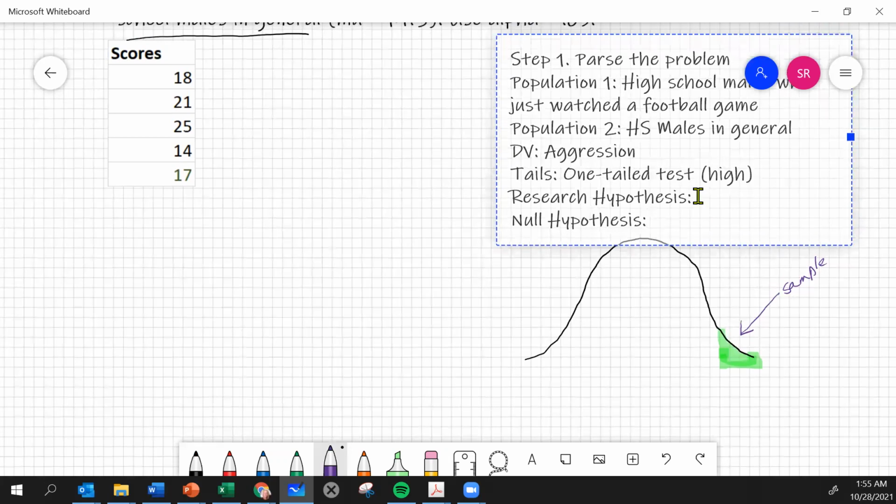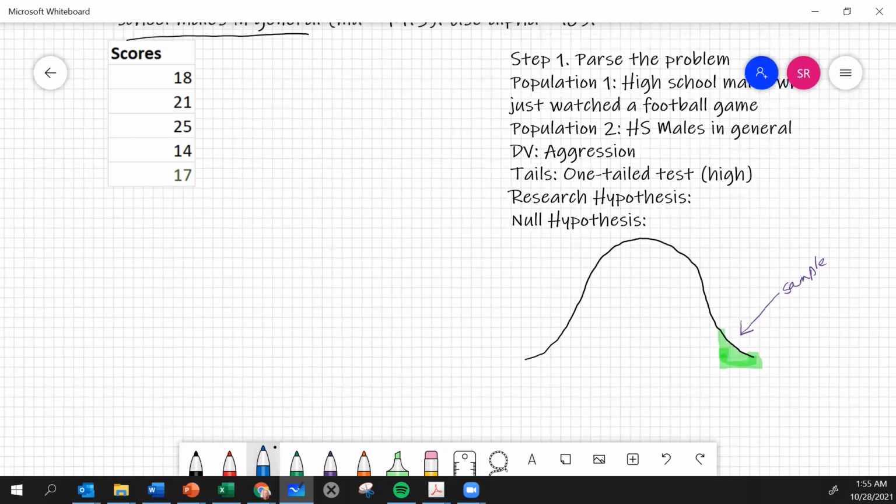So one tail high, the research hypothesis, we're simply going to state in terms of symbols at this point. We're just going to state that the mean for population one, those males who just watched a game, will be higher than the mean for those high school males in general. The null hypothesis is the reverse of this.